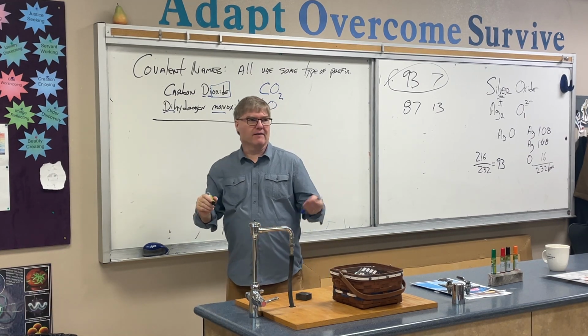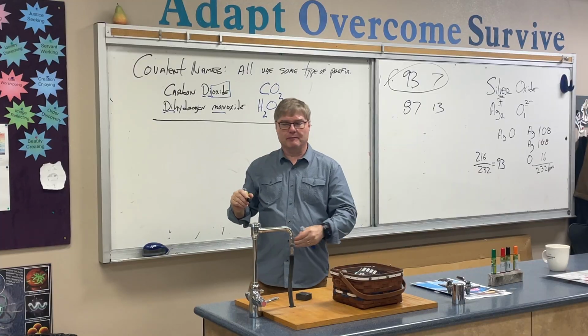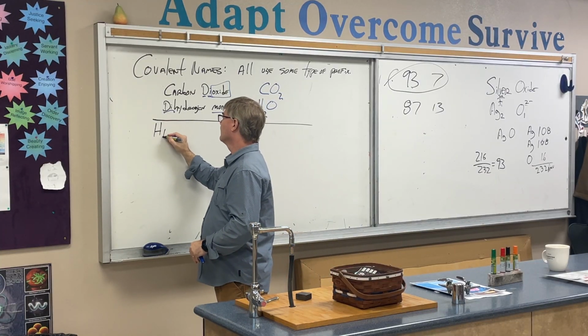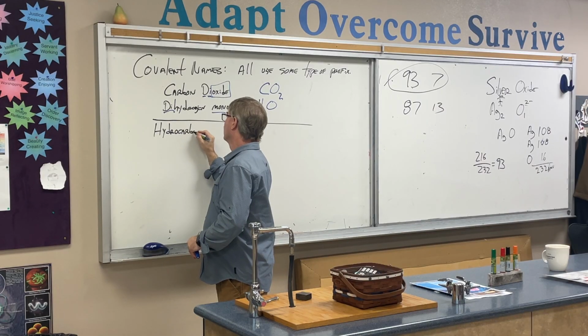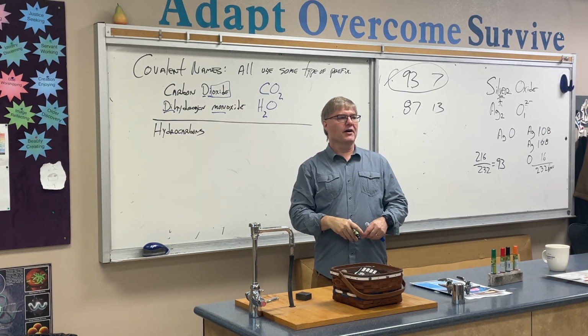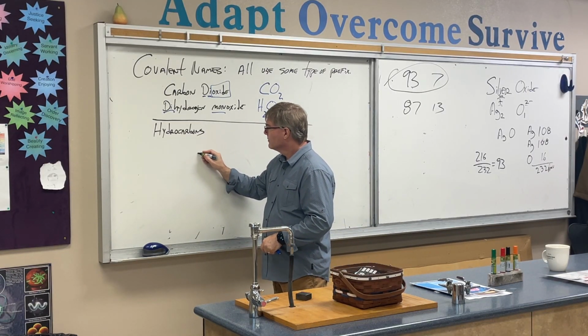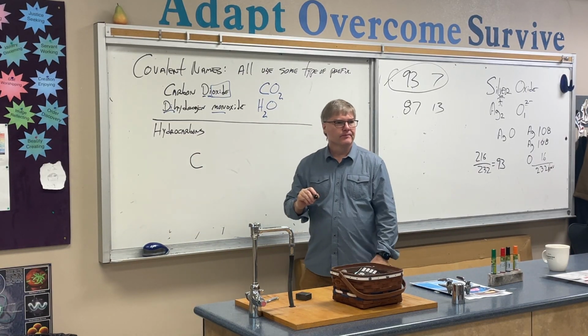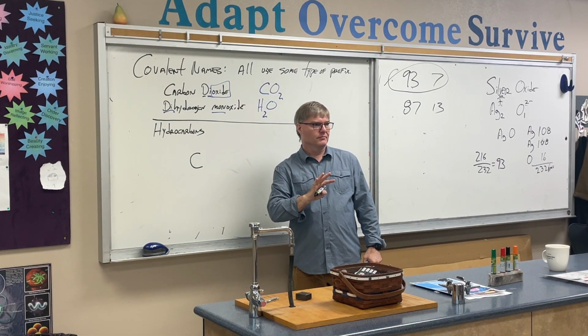I want to talk about a very famous, well-known family of covalent compounds. They're called the hydrocarbons. And here's how the hydrocarbons work. This is carbon. Carbon has 4 valence electrons.